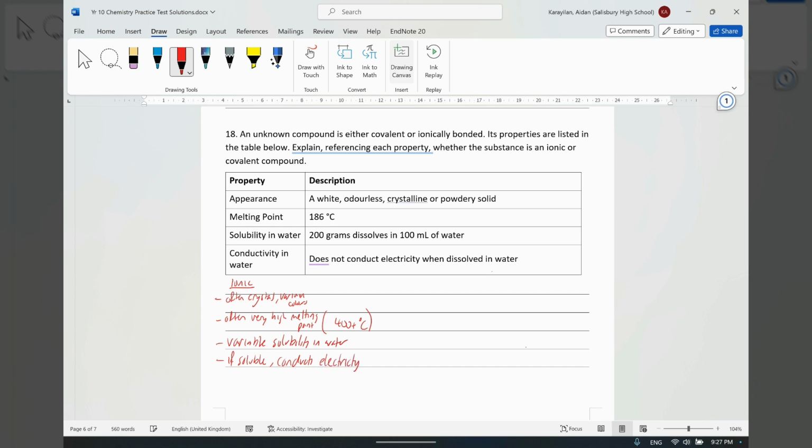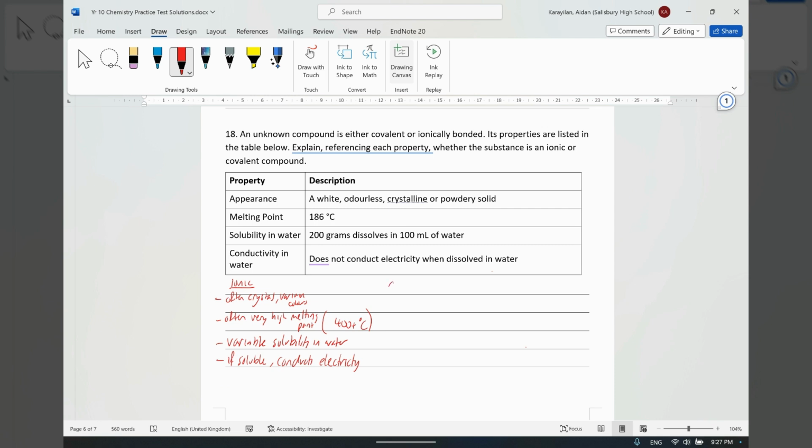So electricity is the movement of charged particles. Normally there are electrons moving through a wire. In this case, if we have an ionic substance, we have, let's say, Na+ and Cl-. If it dissolves in water, it becomes that, and now we have charged particles that can flow around, similar to what electricity does. So if it's soluble, it should be conducting electricity.